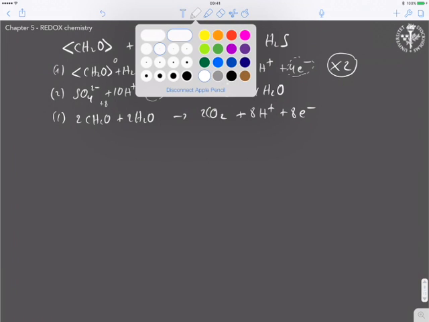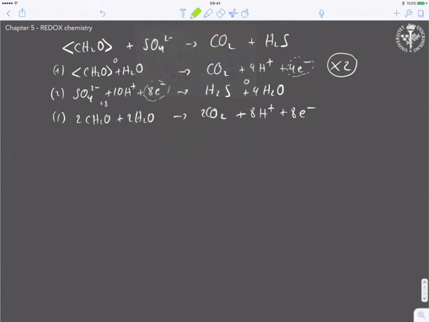Now I'm going to take my other color, let's say green. Simplify this here by 2, okay. Water, no more water here, 2 here. And then I will add those 2 reactions together.